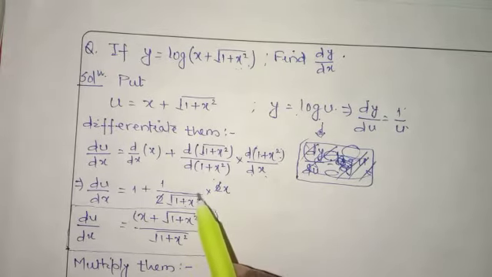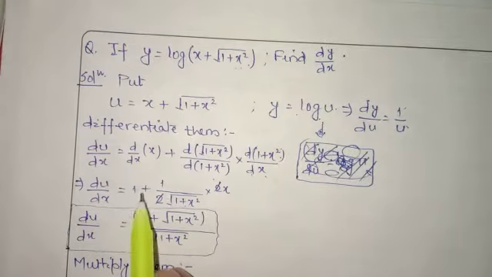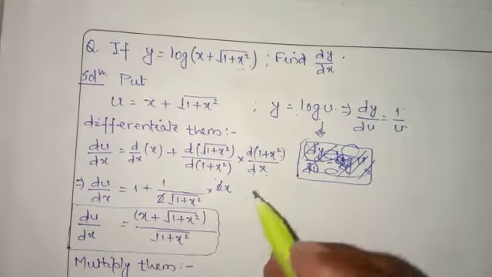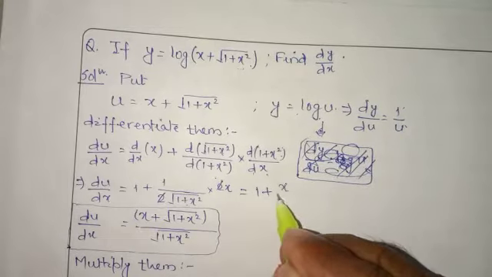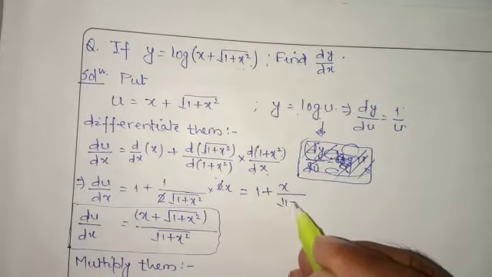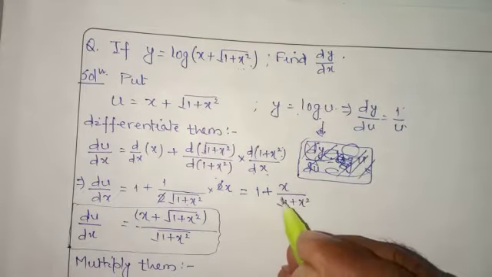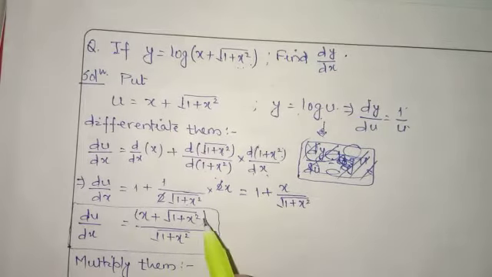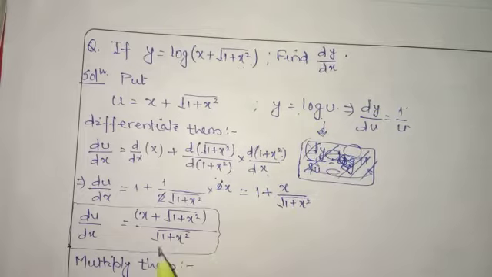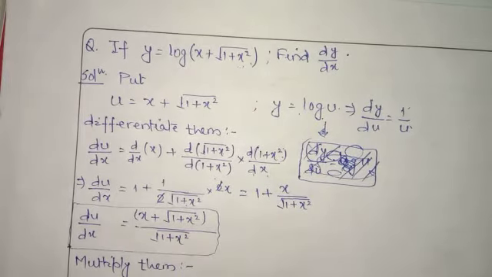Take their LCM. After taking the LCM, x plus under root 1 plus x square divided by under root 1 plus x square.